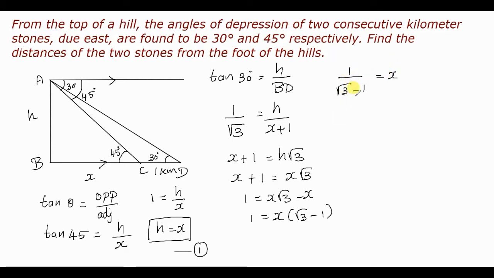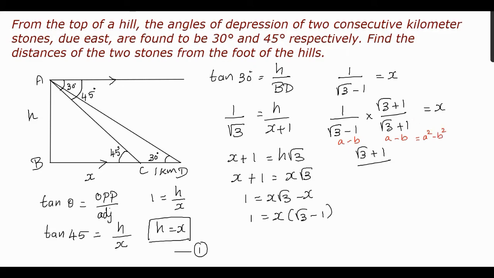If we simplify as it is, you will get a decimal value in the denominator. So instead of going for that, we can do rationalizing, that is, using the conjugate method. 1 by root 3 minus 1, multiply and divide by the conjugate, which is root 3 plus 1, equal to x. In the numerator it will be root 3 plus 1, and in the denominator we get the a minus b and a plus b form, which is equal to a squared minus b squared.